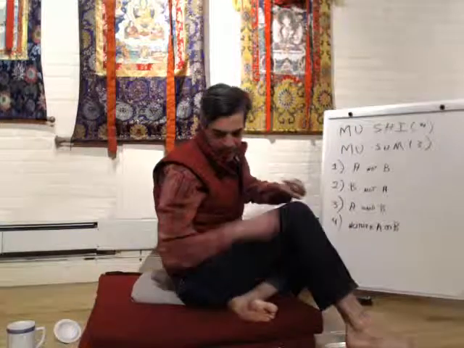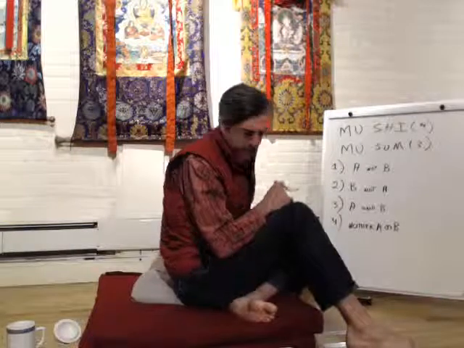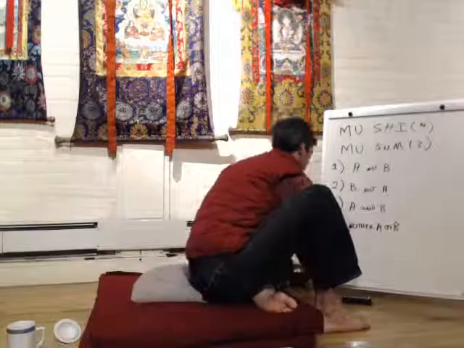All right, so what's our A and B here? Let's try to get this correct. A is direct perception of emptiness.